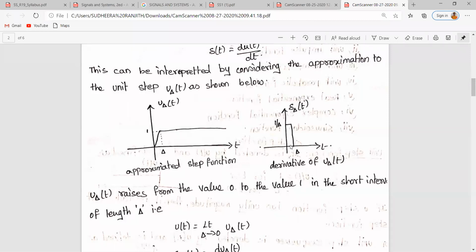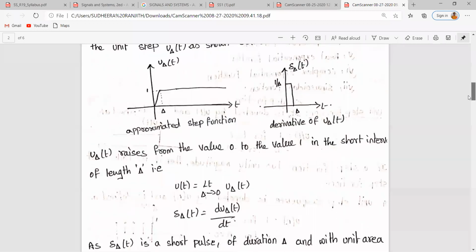If delta is 0, this pulse will have 0 width, and the magnitude, 1 by delta, means 1 by 0, should be equal to infinity. So in this way we can say that delta of t has infinite magnitude.